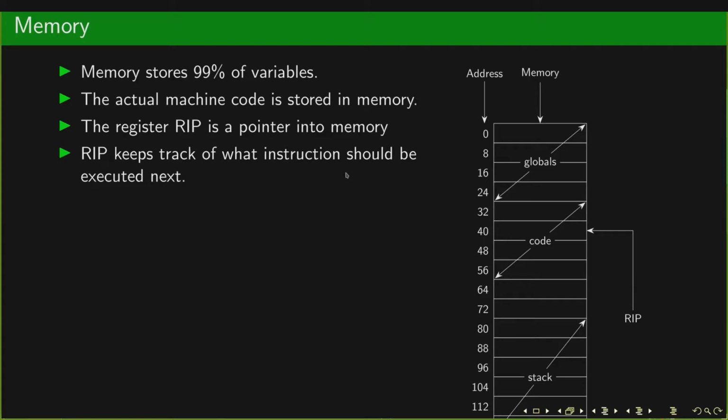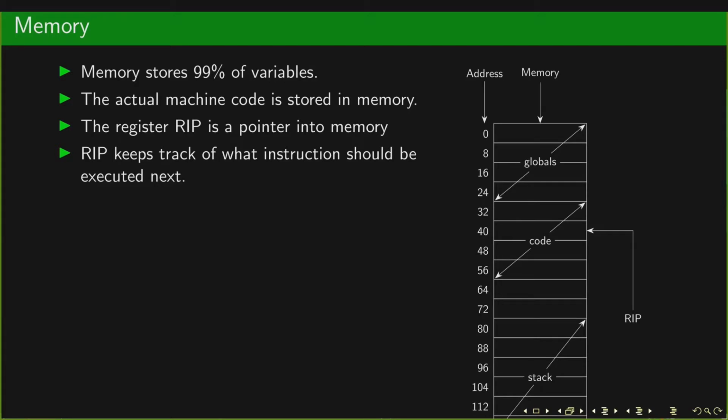Most of the stuff that your program uses is stored in memory. The actual code itself that the program is running is also stored in memory. And then there's a couple registers that are pointers into memory that are fairly important. RIP is the instruction pointer, which essentially just keeps track of which instruction should be executed next.